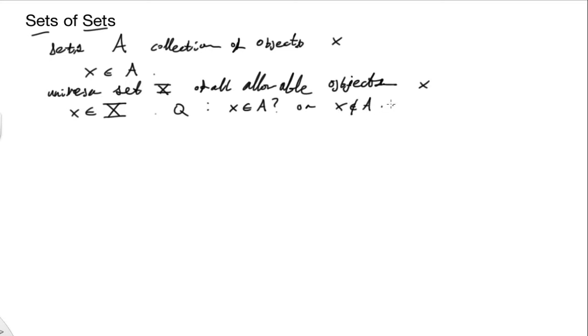Not an element of A. Okay, so that's a basic question we might want to ask, and that's the fundamental question of sets: is an object in a set or not? And so that's the general framework we have for dealing with sets.